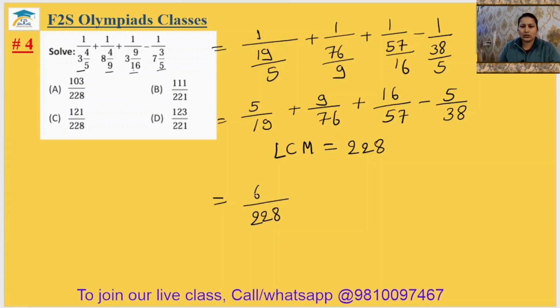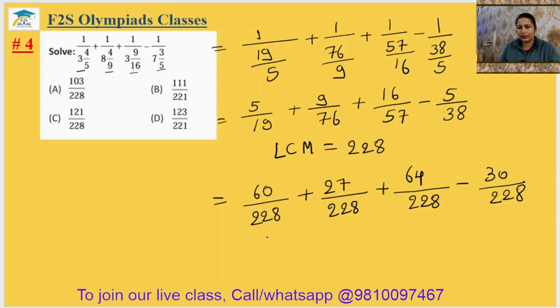The numerator will change to 60, because 19 twelves are 228, so 12 fives are 60. In the same way, 9 by 76 will become 27 by 228, plus 64 by 228, minus 30 by 228. After adding these three and subtracting 30, you will get 121 upon 228. It is available in option C. The fourth answer will be option C.